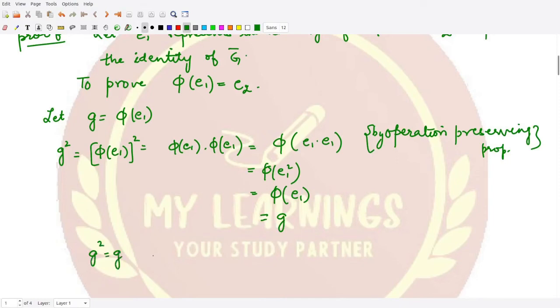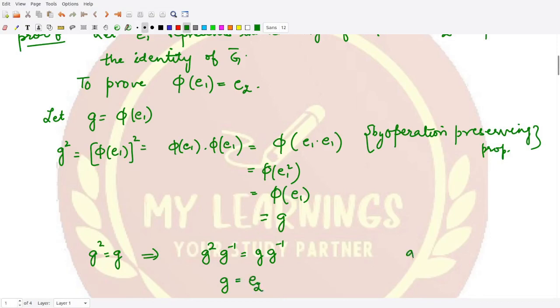From here, what do we have? This implies that we may post multiply on both sides of this equation by G inverse. So the left-hand side becomes G, and the right-hand side becomes the identity E2.